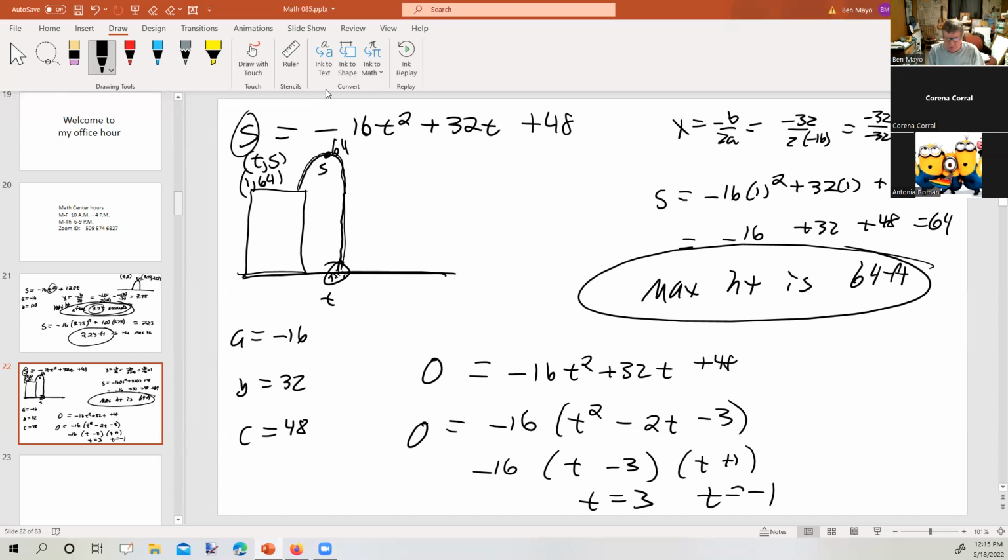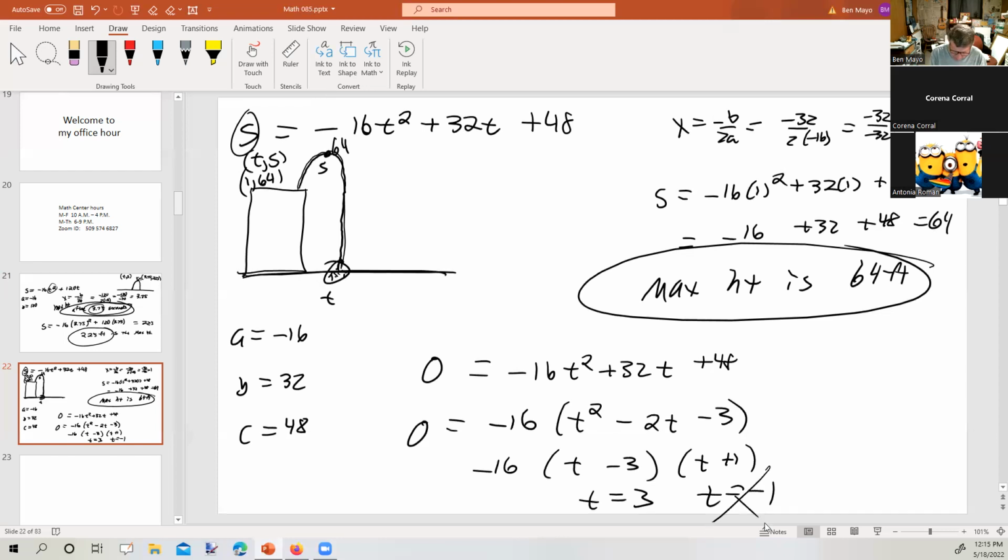So I get t equals 3, t equals negative 1. And if I use the quadratic formula, I would have come up with the same results. But can it be t equals negative 1? No, that's right here, but that point doesn't exist because the ball was thrown starting there. So the time it takes for it to hit the ground, 3 seconds.